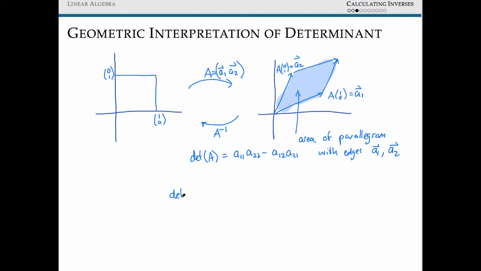So this idea that the determinant of A is non-zero if and only if A inverse exists is really telling you that we have some way of recovering our original set of vectors, rather than everything being smushed down to something of volume, or sorry, of area 0.